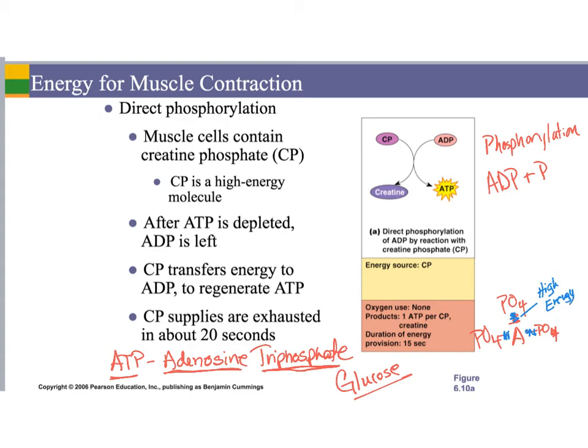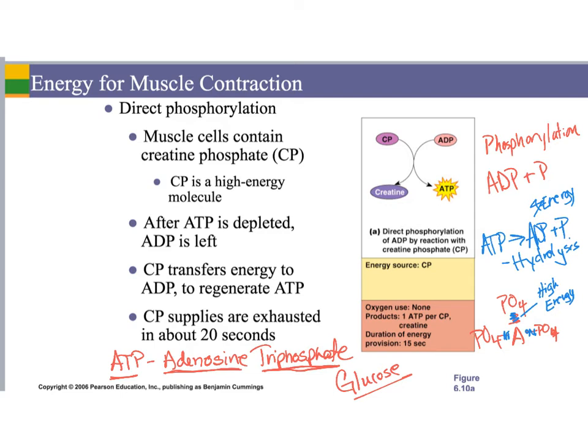So when they're broken, they release energy. And so if we take ATP and make it ADP plus phosphate, right? We're breaking off one of those phosphates. We're releasing energy. Okay, that's called hydrolysis.